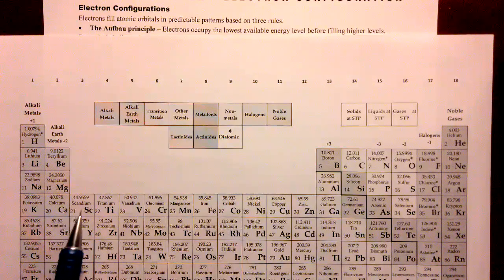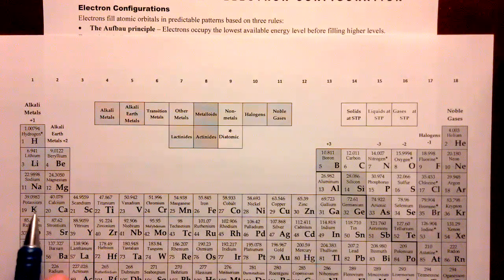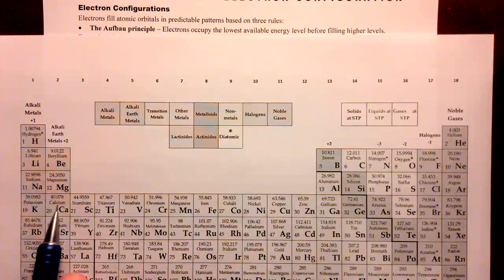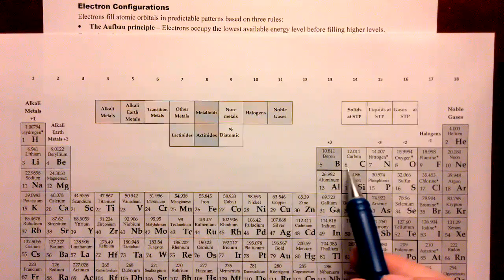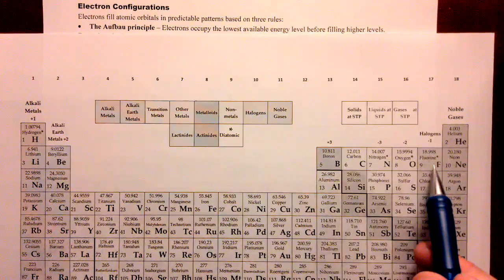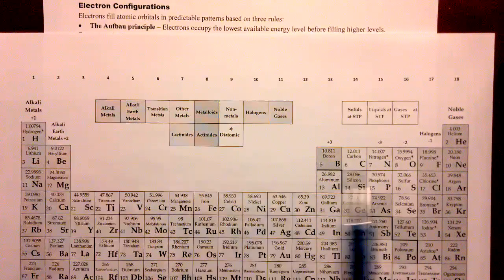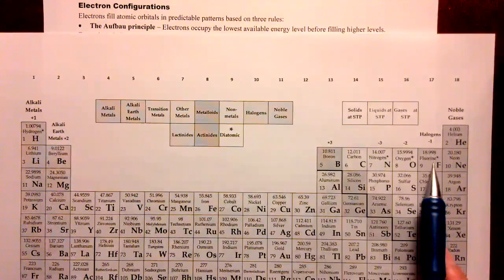We would consider all these elements down here in the transition metals to have 2 valence electrons because the S block is their outermost shell. In this case, shell 4, that's row 4, shell 5, 6, 7. Over here, let's say the halogens, all of them would have 2 plus 5 is 7 outer shell electrons.